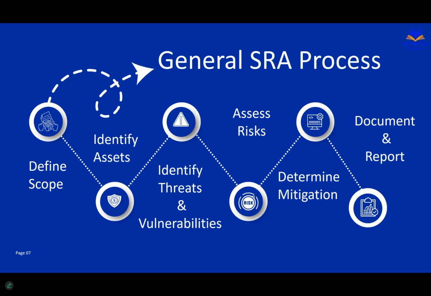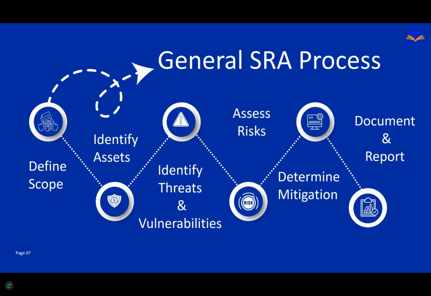Okay, we're going to identify threats and vulnerabilities. That's another process: what could go wrong within this environment that we have? Then we assess the risk. We conduct what we call a risk assessment. That is, we want to identify the likelihood and the potential impact if a particular issue is identified.